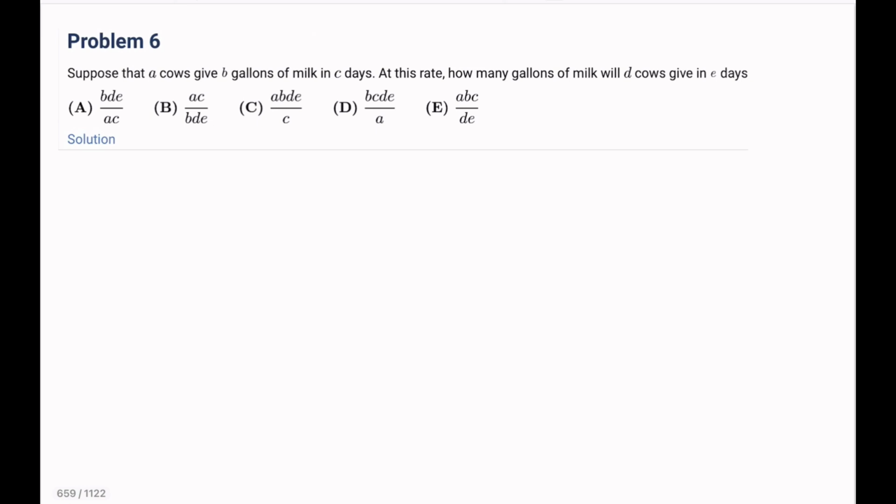And for problem number 6, suppose that A cows give B gallons of milk in C days. At this rate, how many gallons of milk will D cows give in E days? And they forgot a question mark.